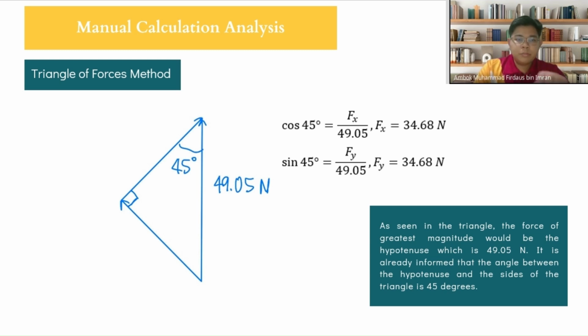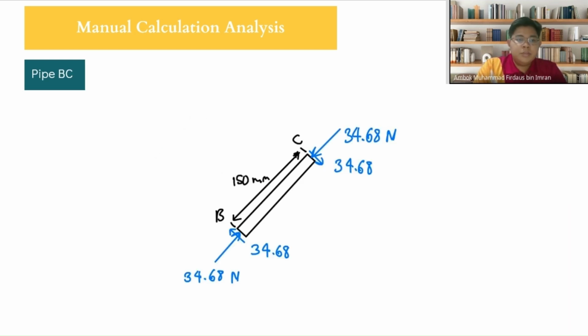Based on this information, we are able to know the Fx, or the normal force acting on pipe BC, which is 34.68 Newton. And since it's a 45 degree angle, the shear force turns out to be the same, which is 34.68 Newton also.